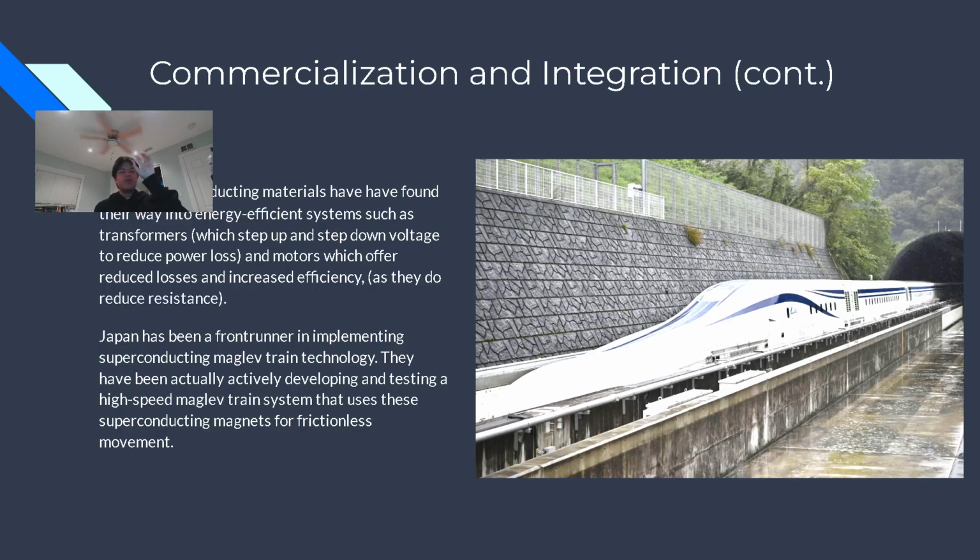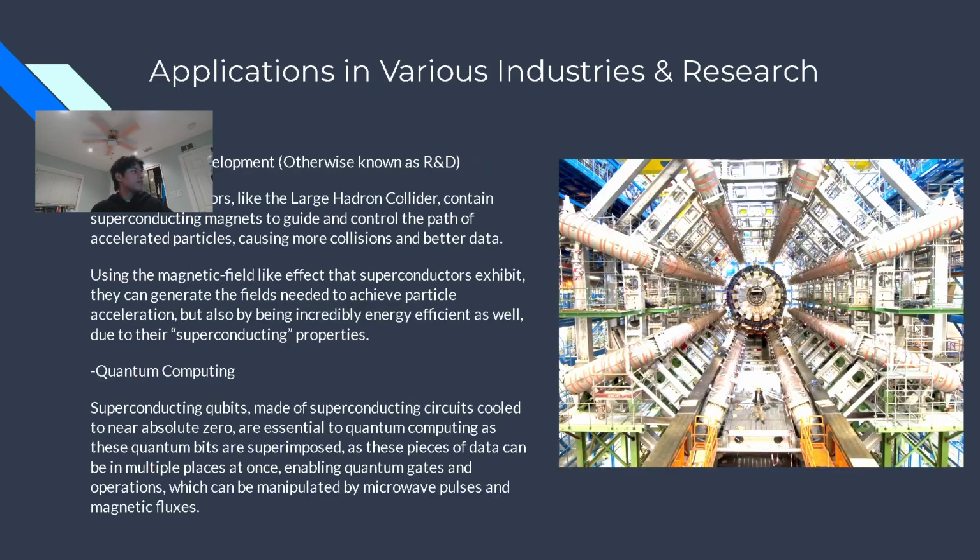It's kind of like the data could be in multiple places at once, which enables quantum gates and operations, which can be manipulated by microwave pulses and magnetic fluxes. Companies like IBM and Google are actually advancing their superconducting quantum processors, which could revolutionize a lot of fields as well.